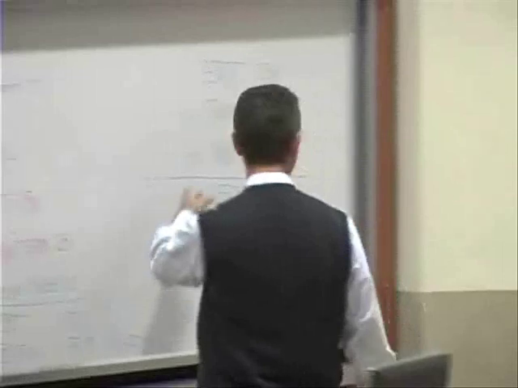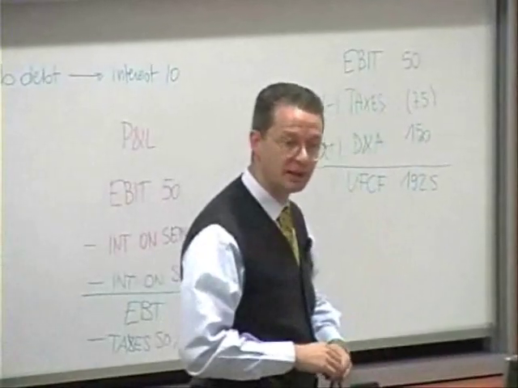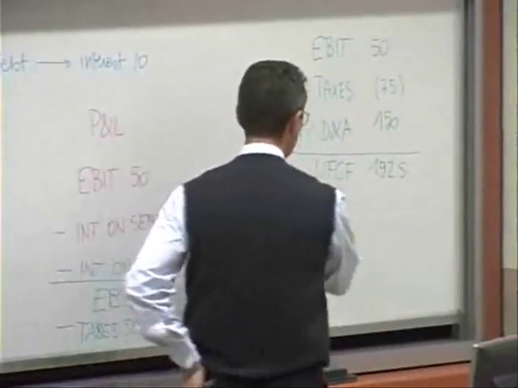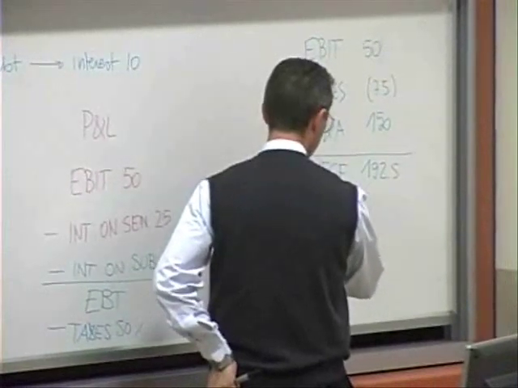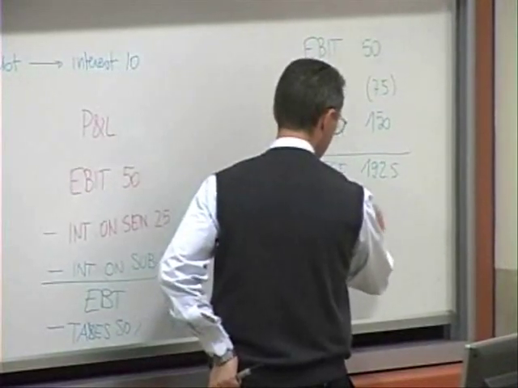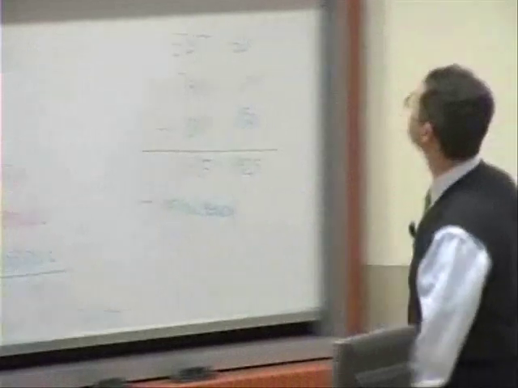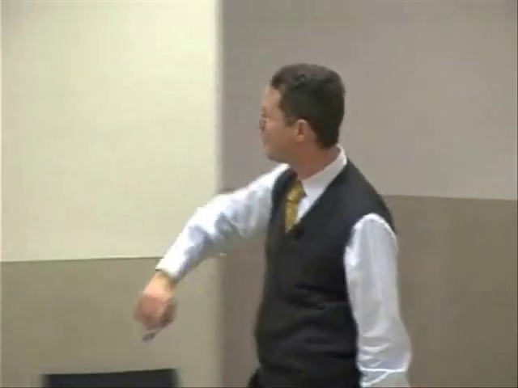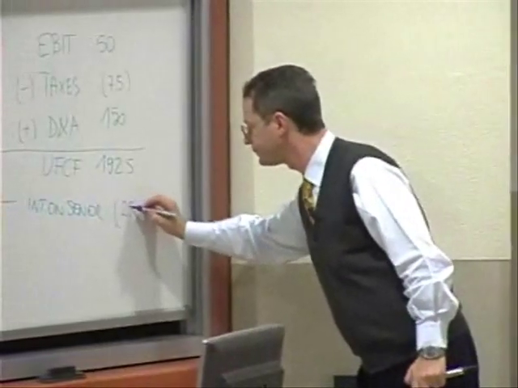Now, let's calculate the debt service. First of all, I pay the senior debt, so I pay interest on senior, and the interest on senior is 25.